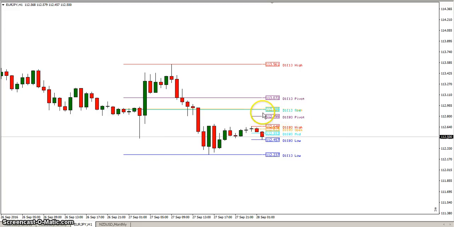The previous day's midpoint is always a strong trade, and the pivots are a strong trade because many traders use pivots. So if price opens below the pivot, once it gets to the pivot, look to short it. If it opens above the pivot and it comes back, look to go long.